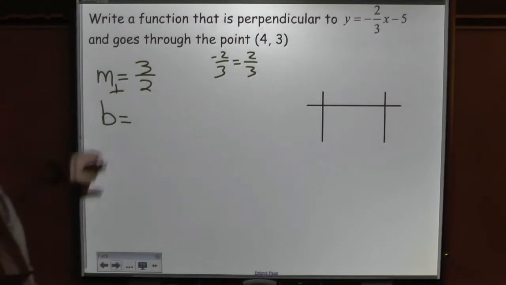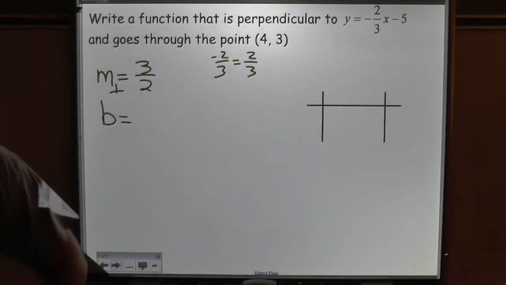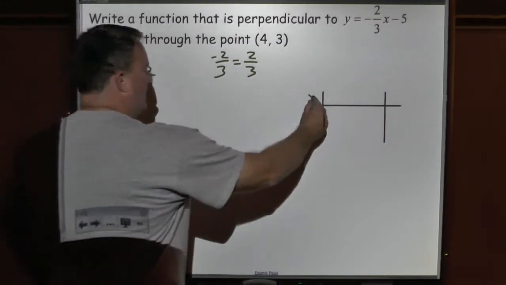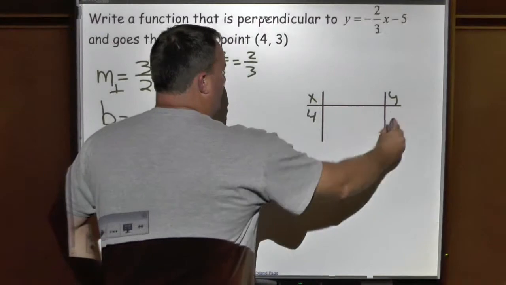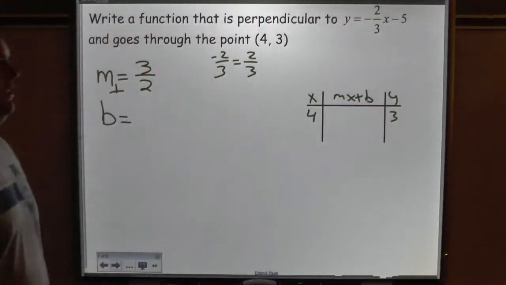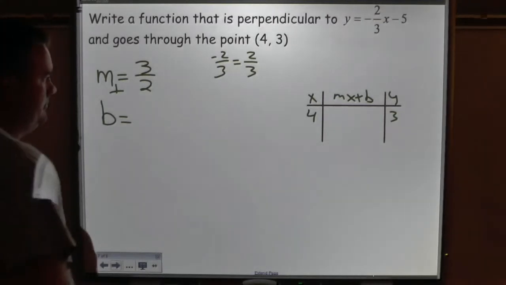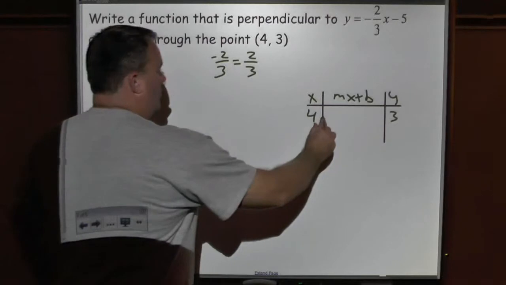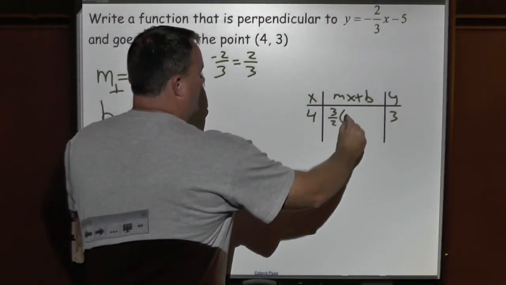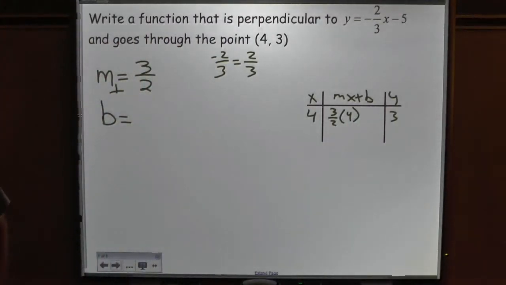Now at this point you have the slope and you have a point. Think about what we've done in the past to be able to find the y-intercept given that. That's where this process column comes into play. You've got a point, 4, 3. You just need to use the process column to find it. Alright, we're going to try it again. The slope, which is now 3 over 2, times 4, plus some number has to give you 3.